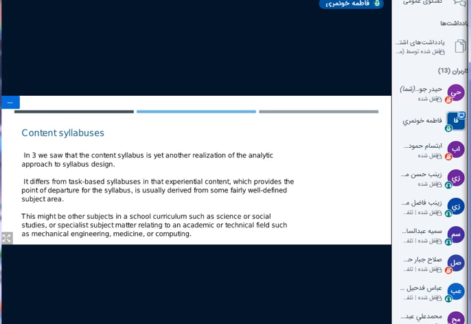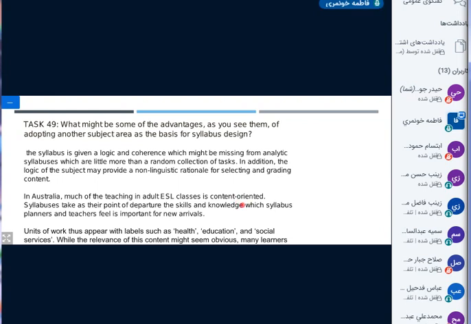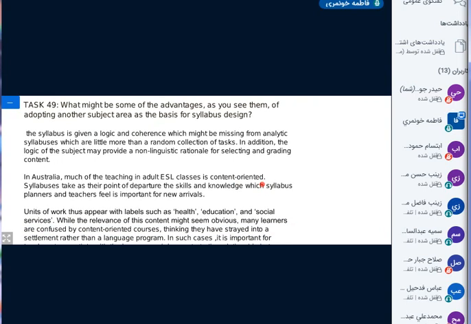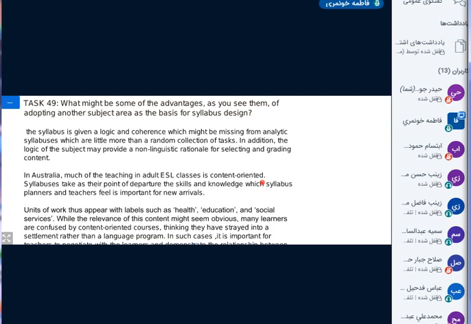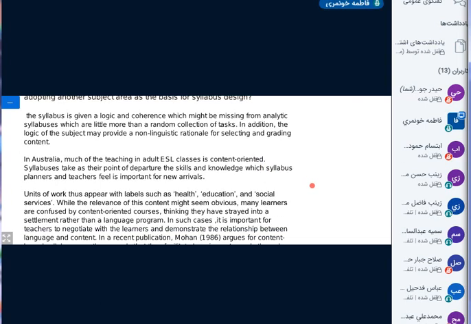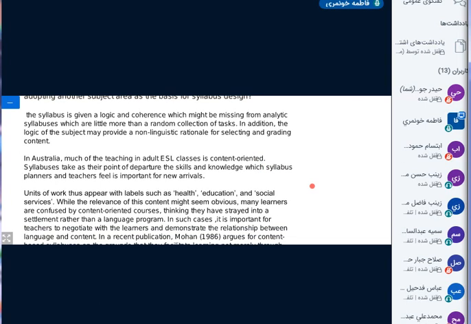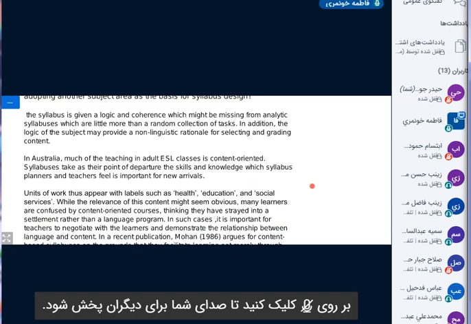Yeah, so there are some advantages of the content-based syllabus. It says that this syllabus is given a logic and coherence which might be missing from analytic syllabuses in general, which are little more than a random collection of tasks.